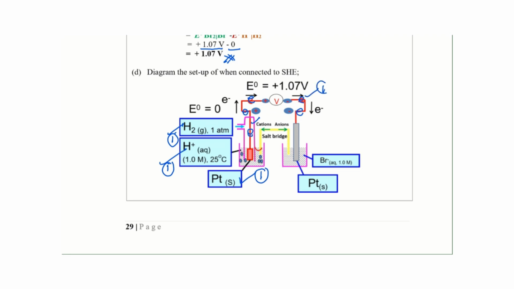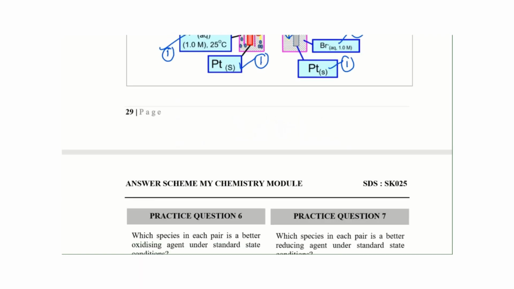Okay, 1 mark. Voltmeter 1 mark. Okay, and then electrode at cathode 1 mark. Electrolyte at cathode 1 mark. And salt bridge. For the salt bridge, we have to label anion flow in the anode system and cation flow in the cathode. So 1 mark for salt bridge.